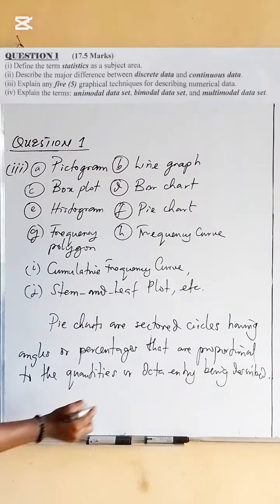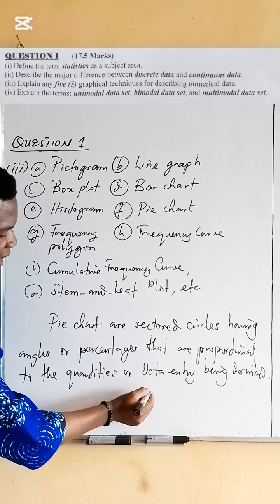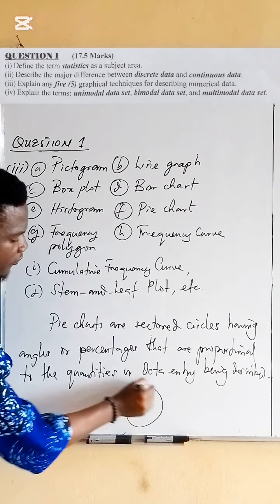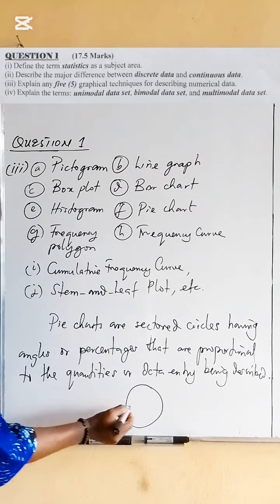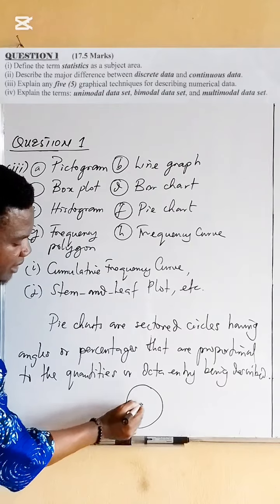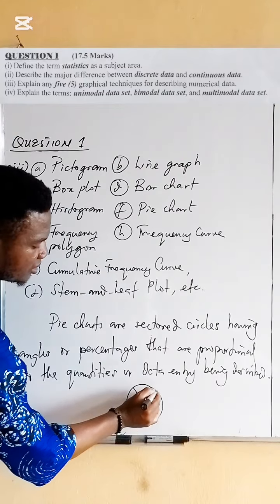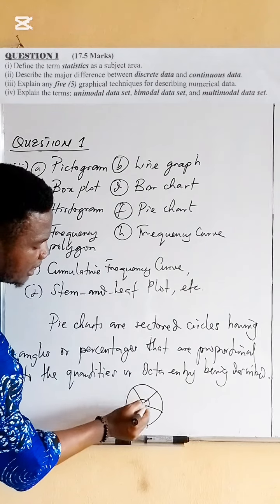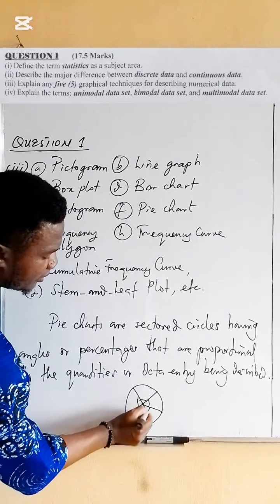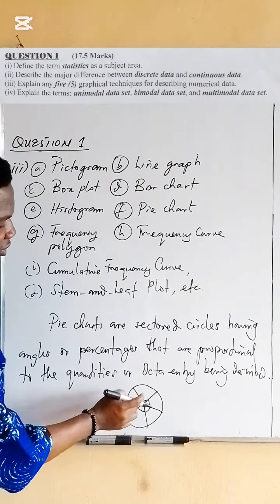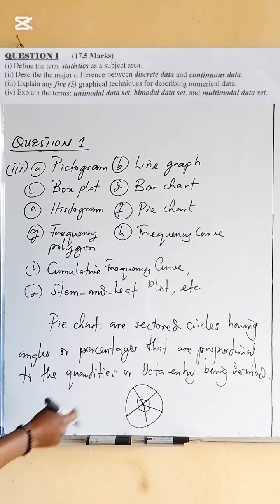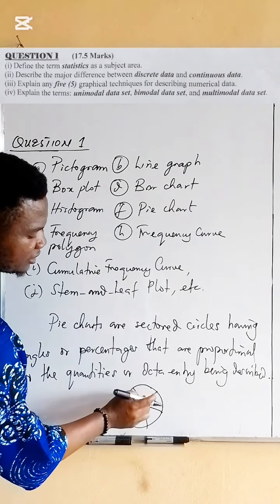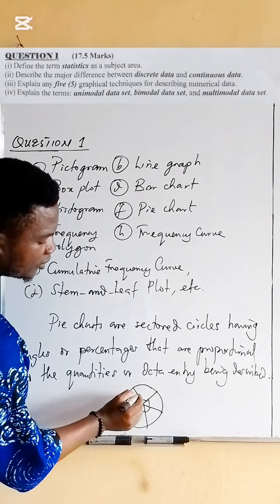Okay, so what we mean by a sectored circle is this. For a pie chart, you have a circle that is segmented into sectors. These are sectors. Now each of these sectors has an angle, and how large or how small these angles are tells a description of the quantity.